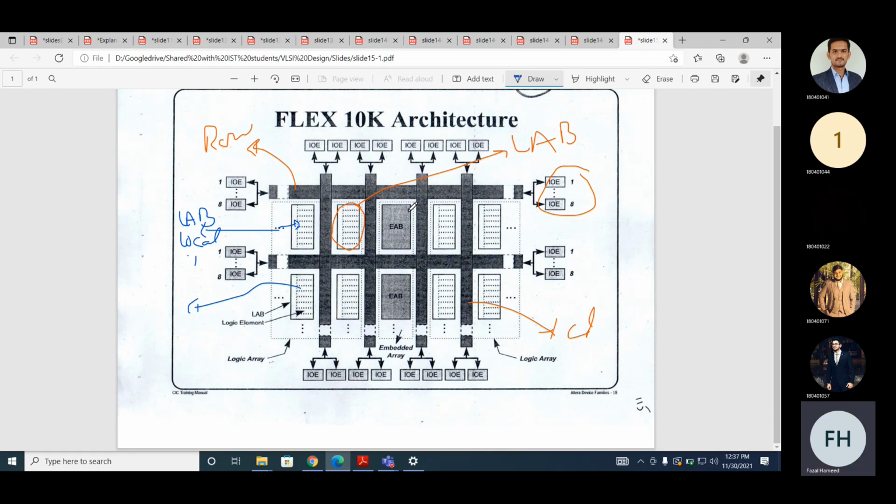And this EAB can not only implement memory, but can also be used to implement wider functions like a multiplier. Now we studied how we can implement a multiplier using this EAB.